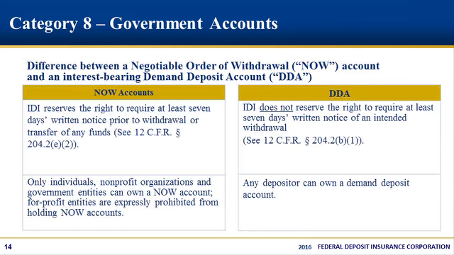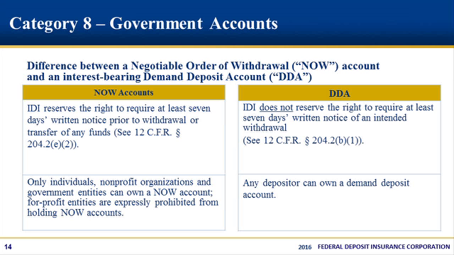We have included on this slide a chart on the distinction between NOW account and interest-bearing demand deposit accounts. Many depositors and bankers confuse these two accounts and assume that a NOW account is an interest-bearing demand deposit account. This is a misunderstanding that we encounter since the repeal of Reg Q in 2010, which now permits the payment of interest on demand deposit accounts.